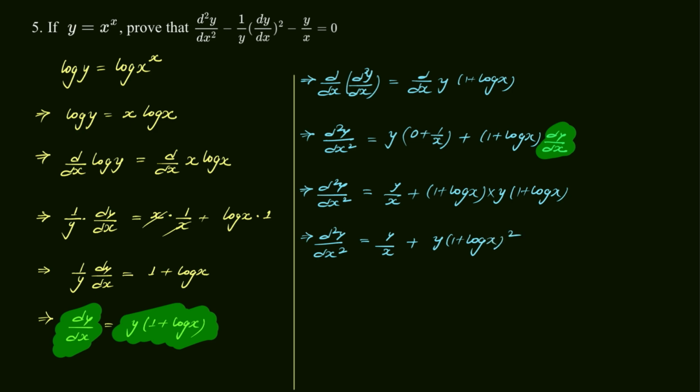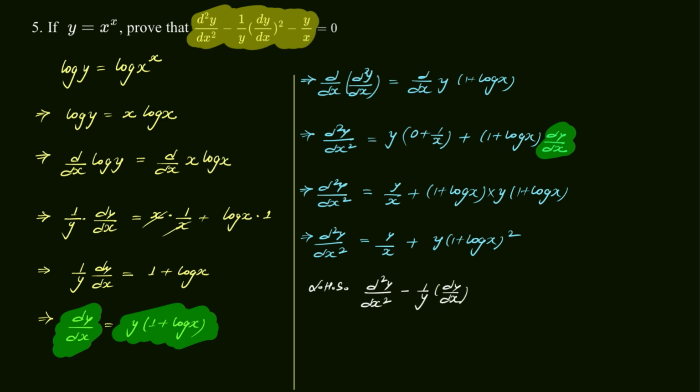Now let us write the left hand side of the given equation, that is d²y/dx² minus 1/y into (dy/dx) whole squared minus y/x.